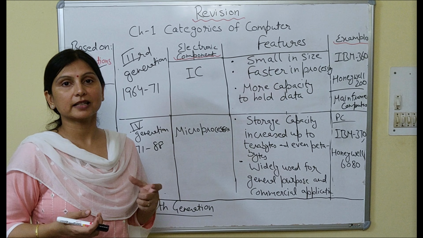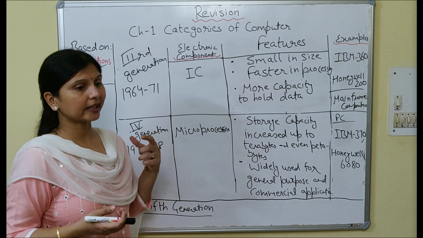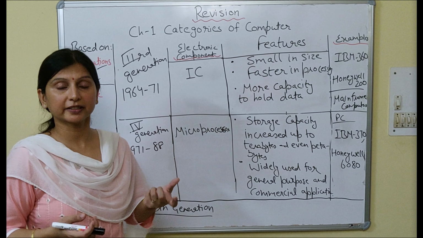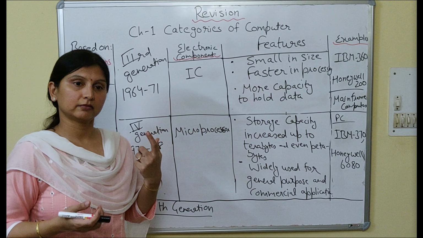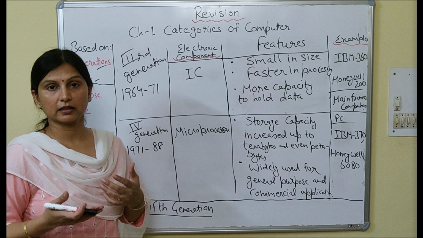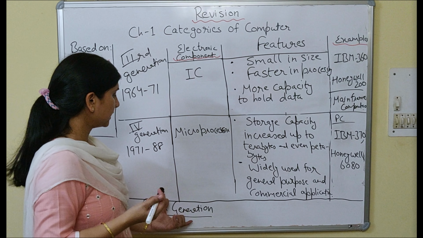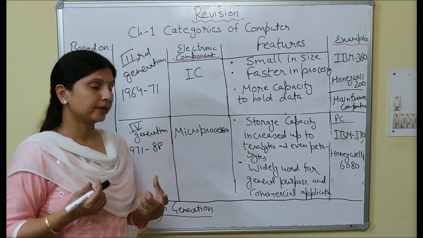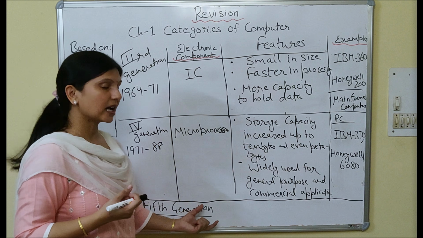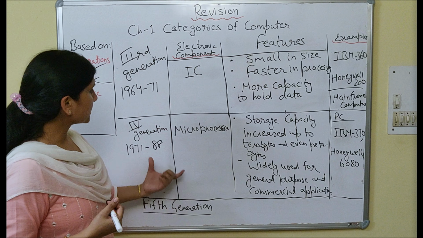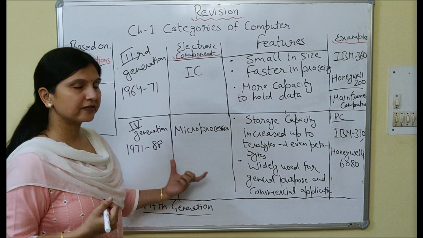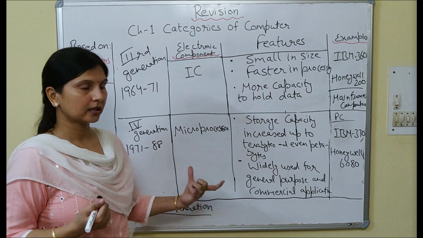They can interact with human beings and react towards them. So in the fifth generation, the main concept is artificial intelligence, to create intelligent computers. So that's it about the generations of computers. We have discussed 5 generations.